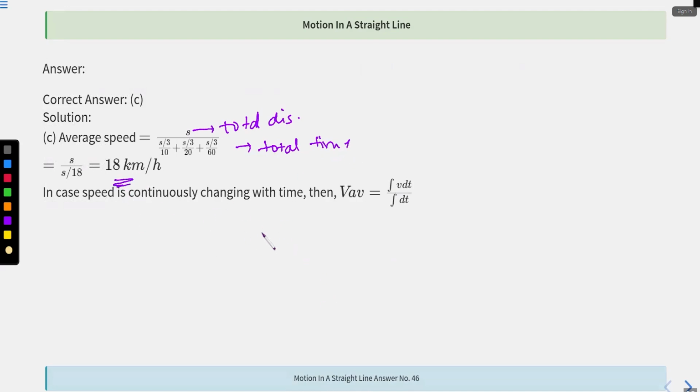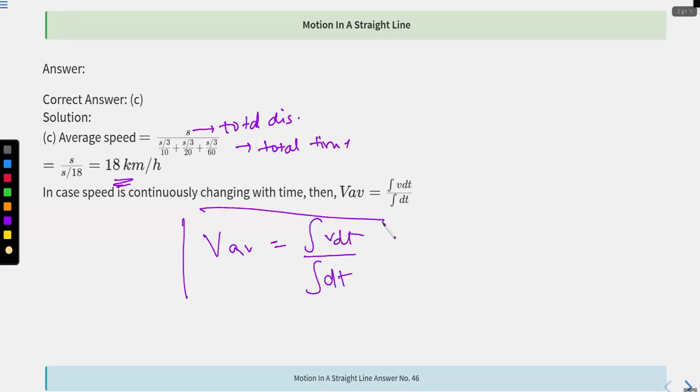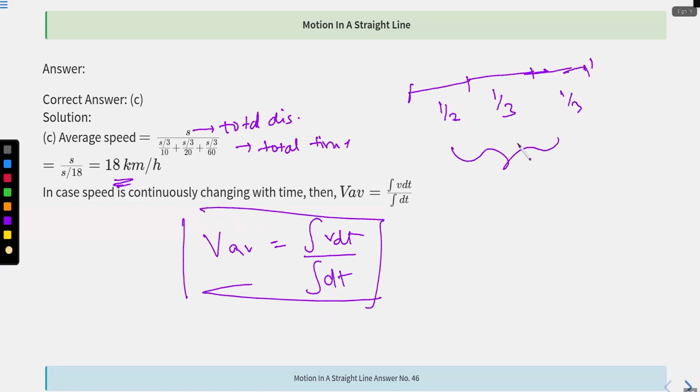Okay. In case of continuously changing speed, you need to apply v average equals integral of v dt divided by integral of dt. Okay, correct. If this is continuously happening, but they are saying that this is the first 1/3 time, then the next 1/3 time, and then the last 1/3. So this is a different scenario. This is a discrete scenario. For continuous, we will just integrate the things. Okay.